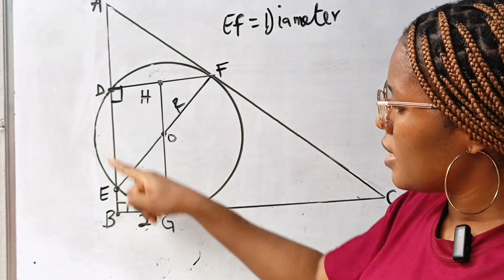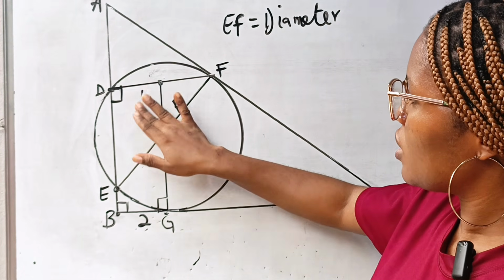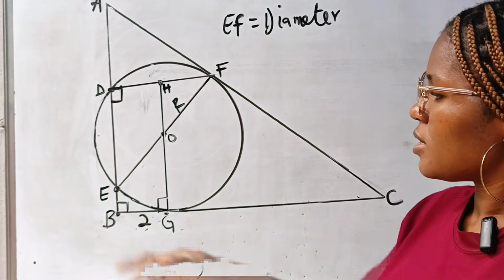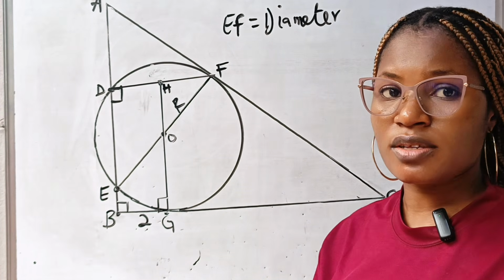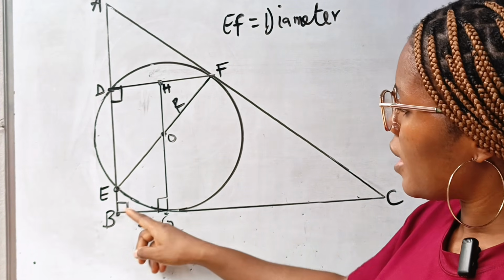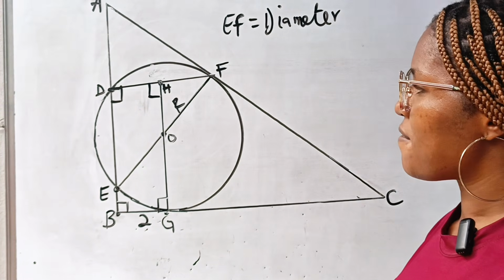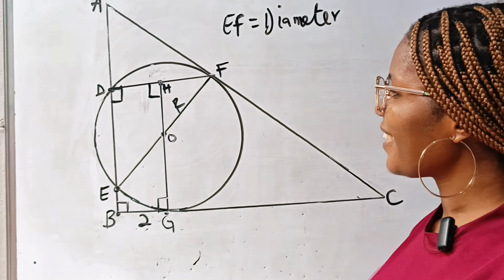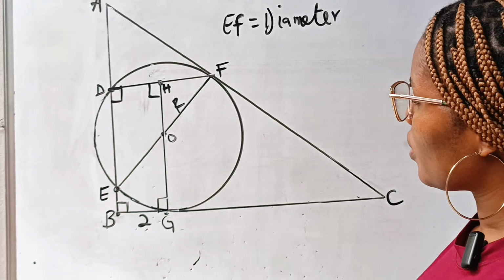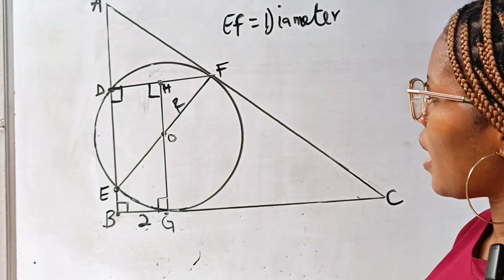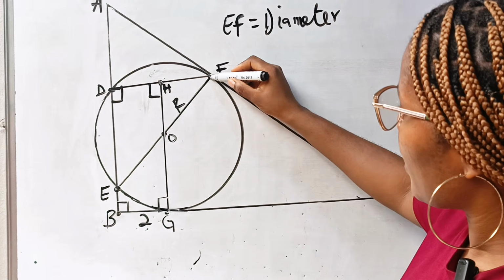Now, DBGH. Let me write this H here. DBGH is a rectangle. That means 90, 90, 90. This is also 90 degrees. Fine. Now, let us drop another perpendicular from here down.